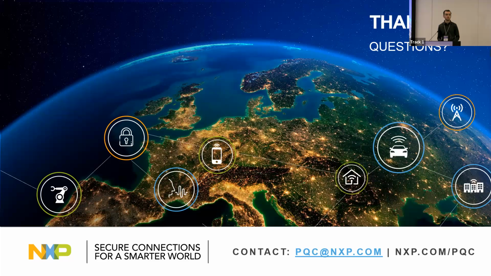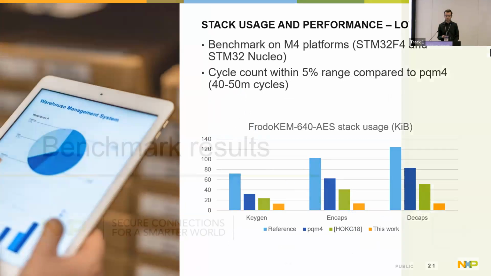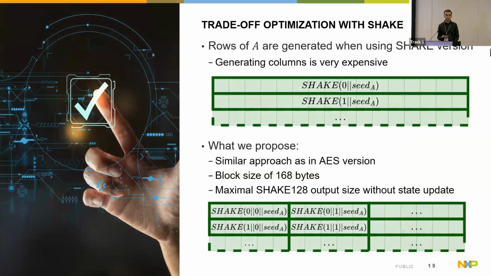So you mentioned with Shake, it might be better to generate only a partial row out of a Shake call. So would it also potentially be better to generate the A and/or S matrices blockwise out of Shake, like do an 8x10 or 8x20 block of the matrix instead of a linear slice like that?